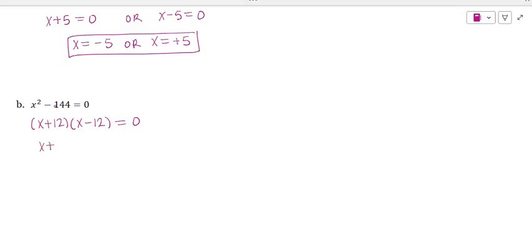I'll split this up into two separate equations, and then I get my two solutions. x equals -12 or x equals +12.